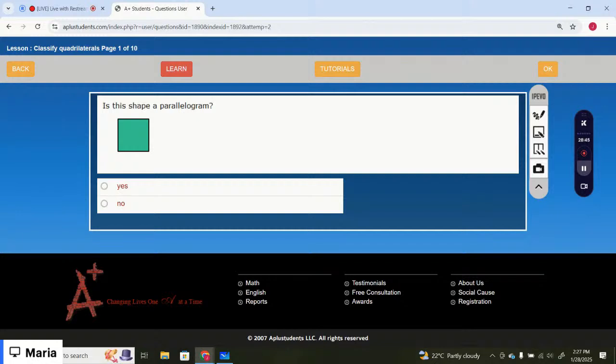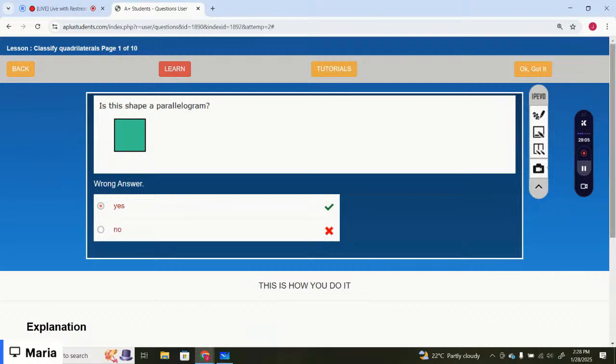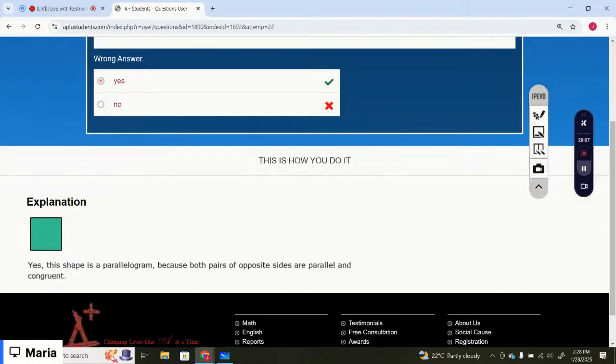Is this shape a parallelogram? Yes, it is. The opposite sides are. No, that is not a parallelogram. Oh, yes.